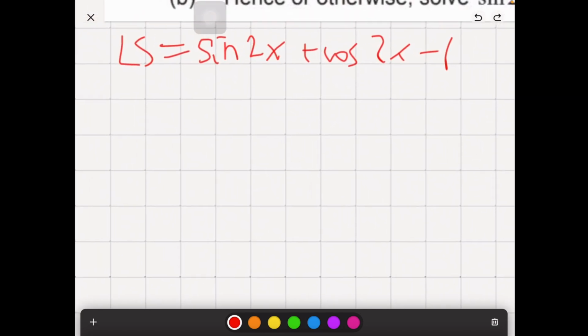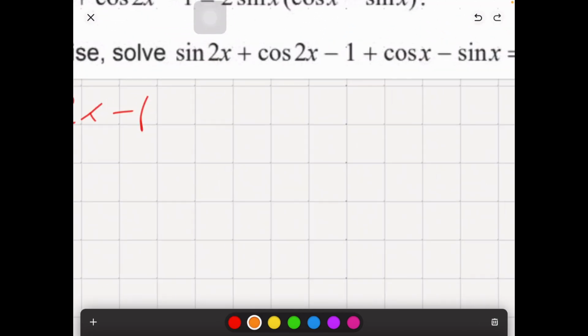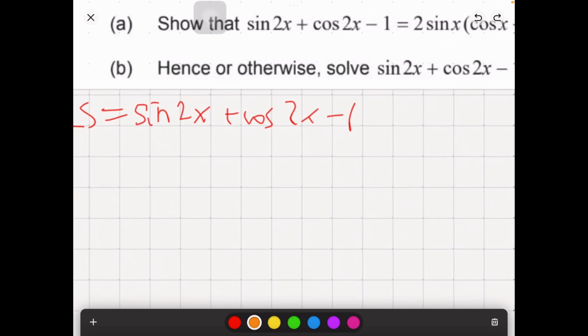So the first thing that I think about when I see this kind of question is, are there any trigonometric identities that we can use? I see a sine 2x and I see a cos 2x. So let me do this off to the side.